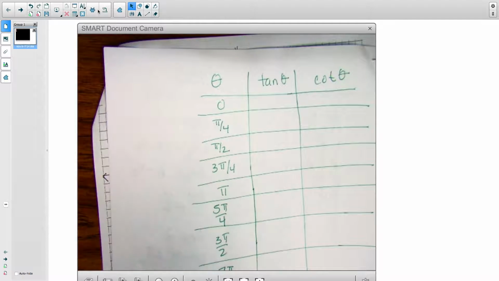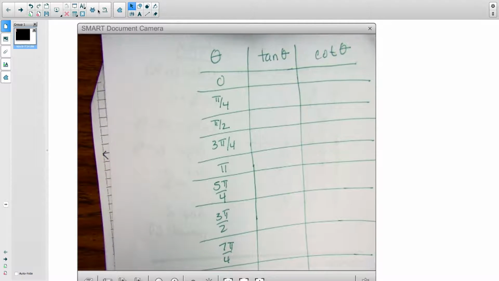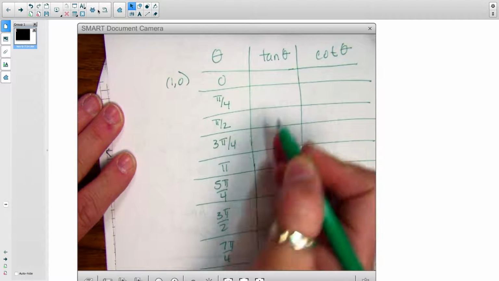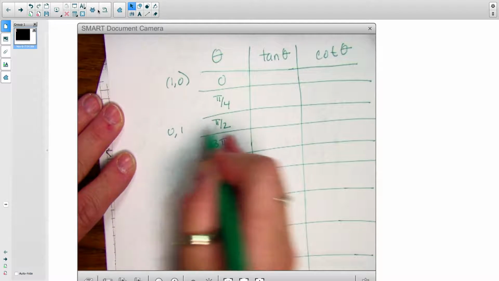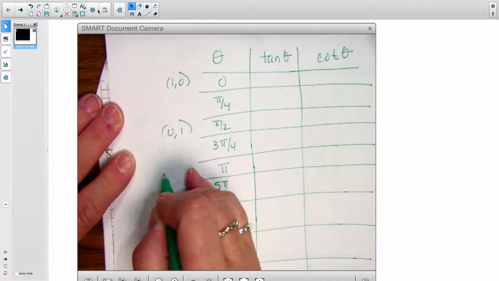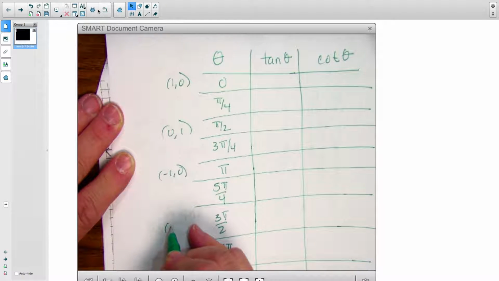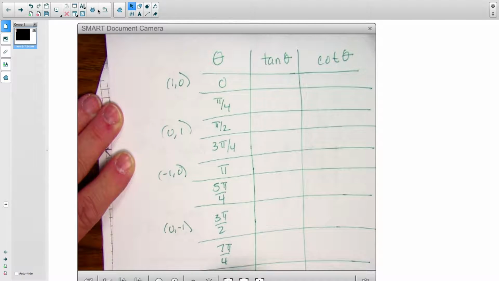2 pi. 0, 0 order pair, 1, 0. This is 0, 1. This is negative 1, 0. 0, negative 1. And 1, 0.